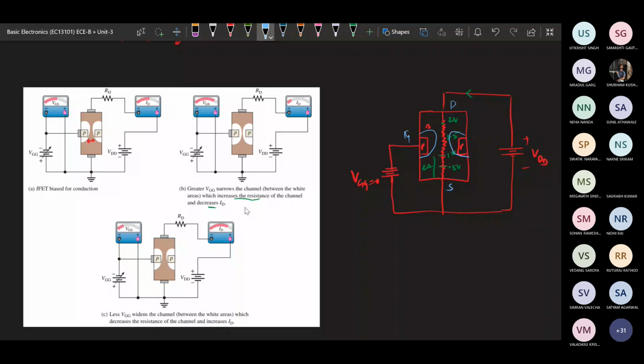Because suppose the gate to source voltage we have taken is 0, that means the gate is connected to 0, and this is 2 volt. So this side is more reverse biased because it is 2 volt. On this side, 1.5 volt is there, so it is less reverse biased. On this side it is 1 volt only, so it is even less reverse biased. If it is less reverse biased, it will have a smaller depletion region. If it is more reverse biased, it will have a larger depletion region. That's why the depletion region is more towards the drain side.